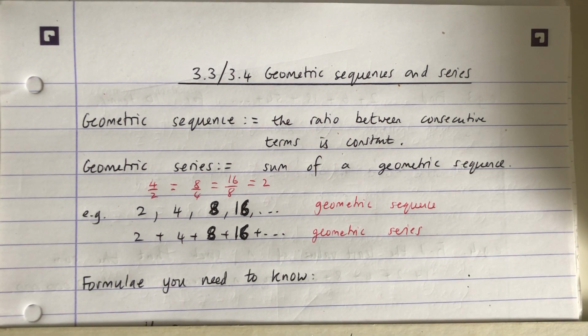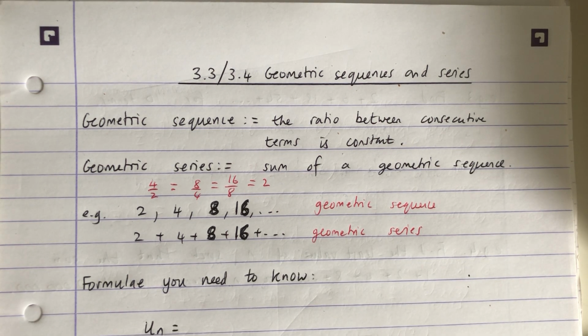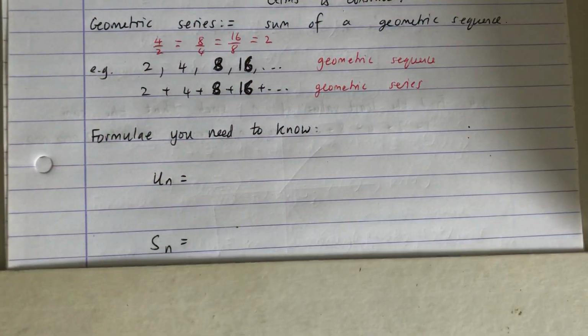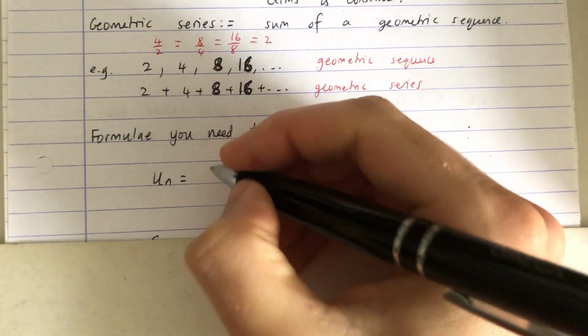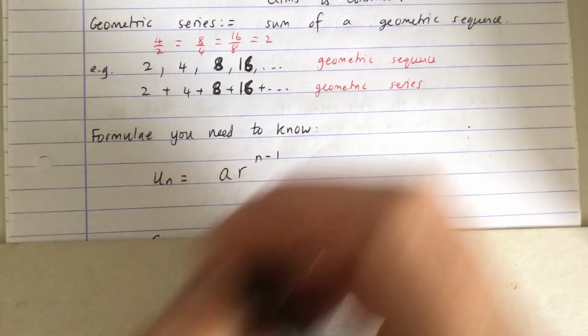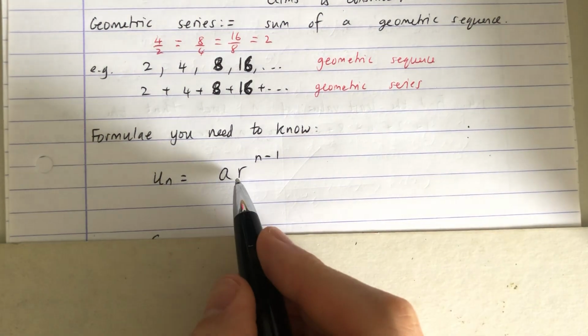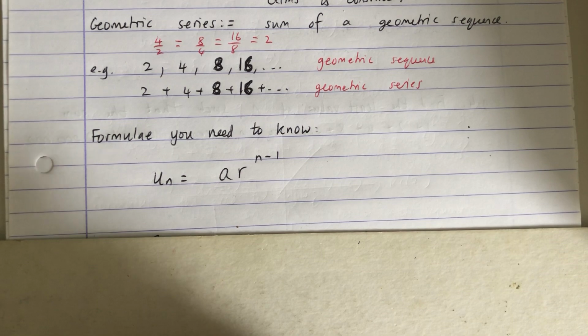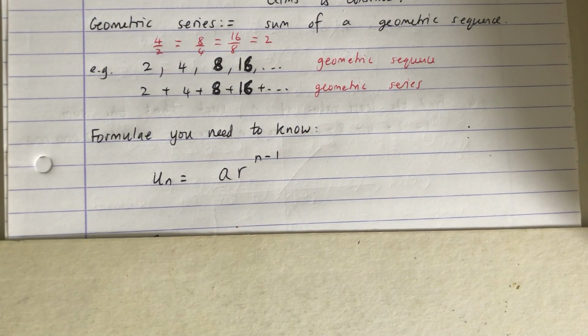Formulae that you need to know. So the first one is how to work out the nth term of a geometric sequence. So the nth term is u_n = ar^(n-1). Only the r is to the power of n minus 1. Now in a formula you need to know everything.